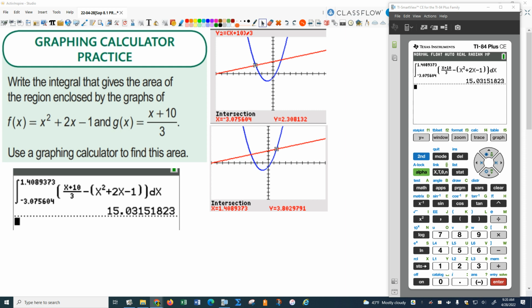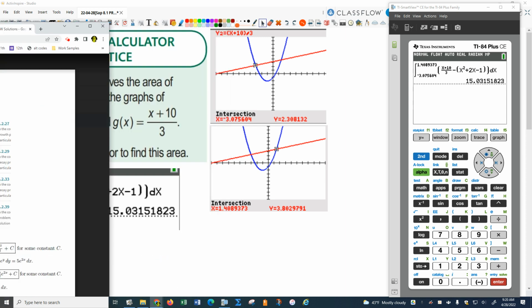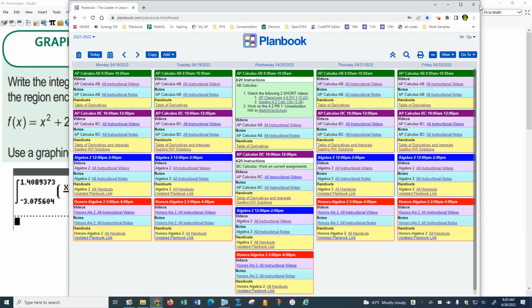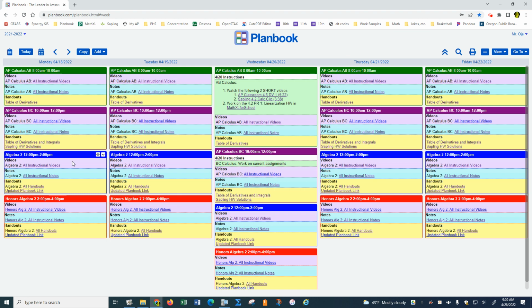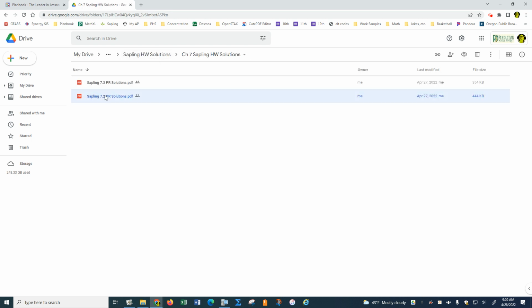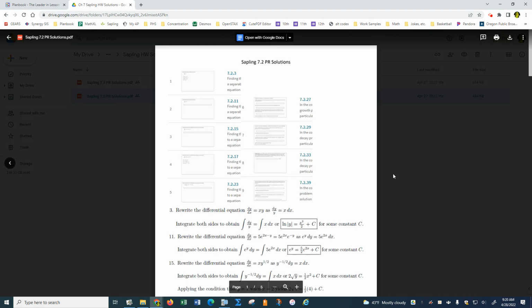Again, if I go into Homework Solutions, Sapling Homework Solutions, Chapter 7, and then I pull up one of these, like 7.2, for example, there are the 7.2 solutions. The way I'm going to set these up, for the problem number on the Sapling assignment, it tells you what the book problem number is.